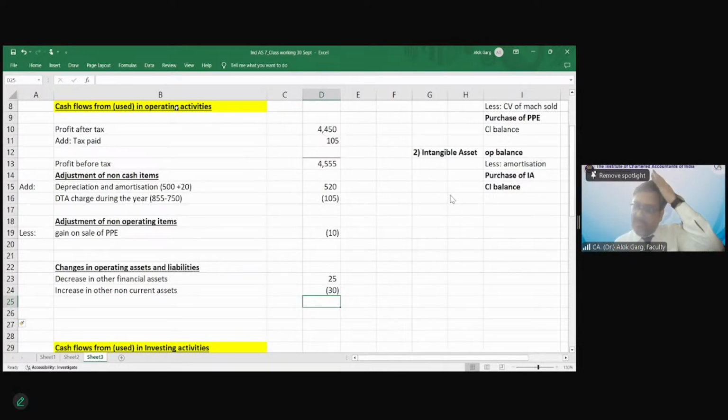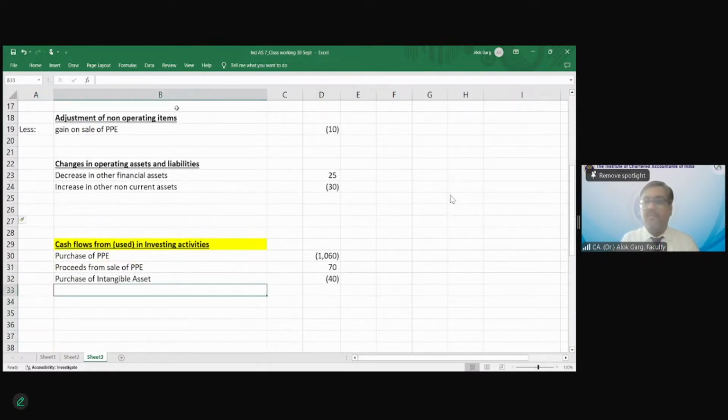What is the next line item? Investments. Investments have been reduced from 2500 to 2300, and no other adjustment is given for investments. So what should I do for this investment? Your investment has been reduced. It means proceeds from sale of investment. There must be sale or maturity of investment.